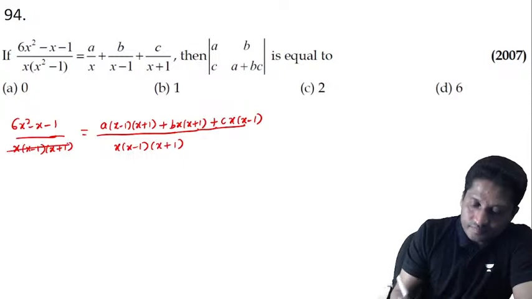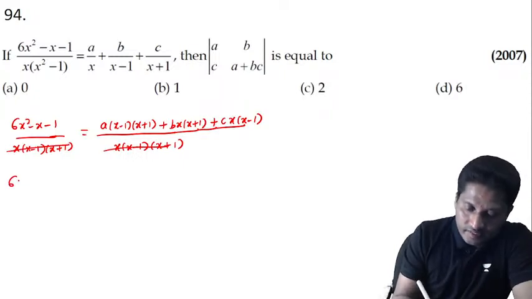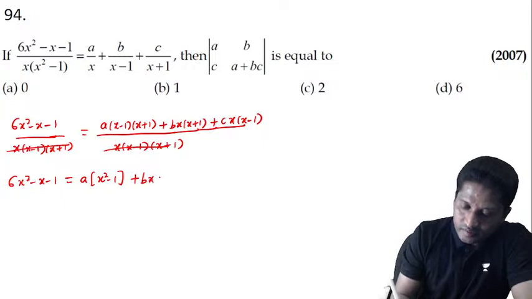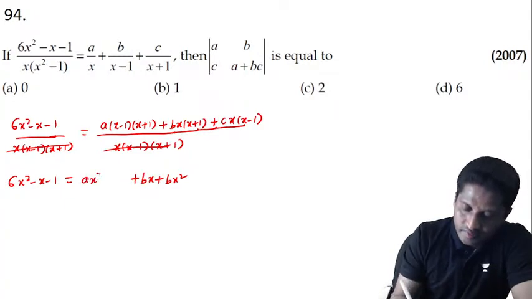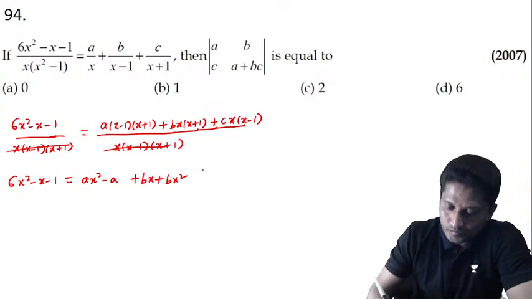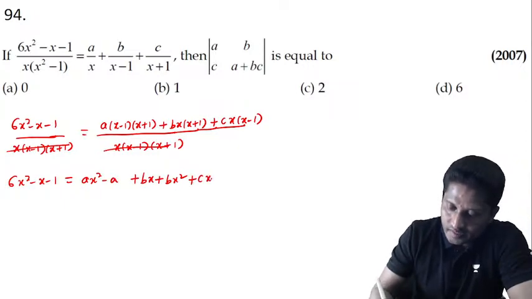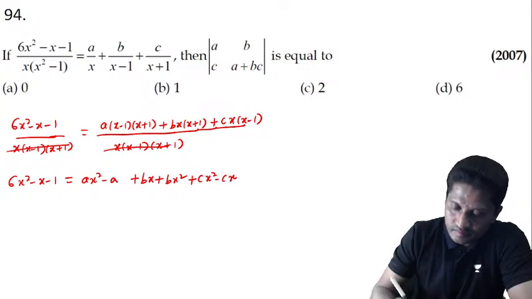This will cancel. Okay, so I get 6x square minus x minus 1 equal to a into x square minus 1 plus bx square, or I can multiply here itself. This is ax square minus a plus this is cx square minus cx.